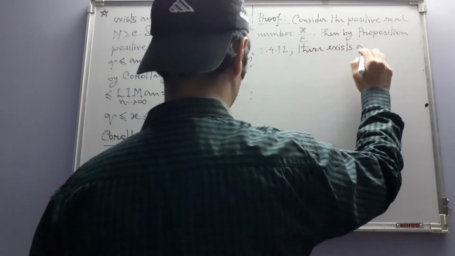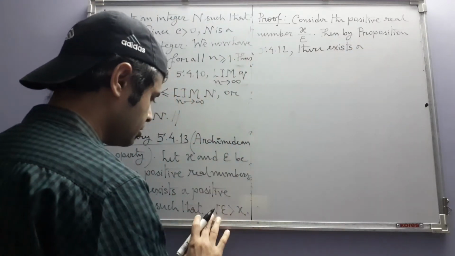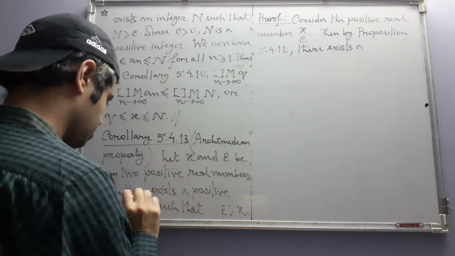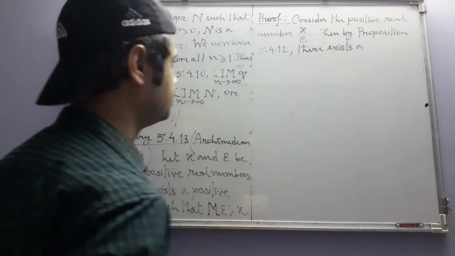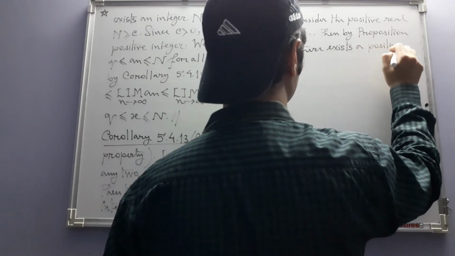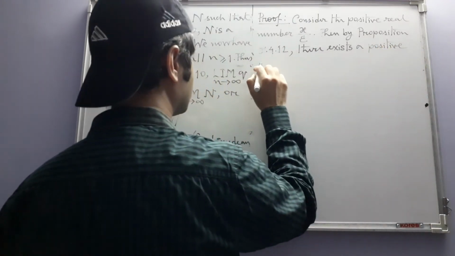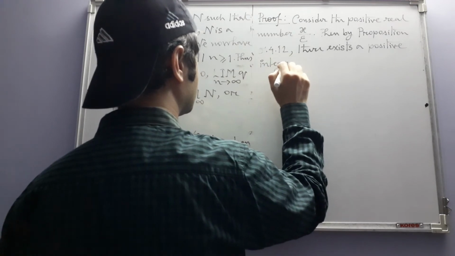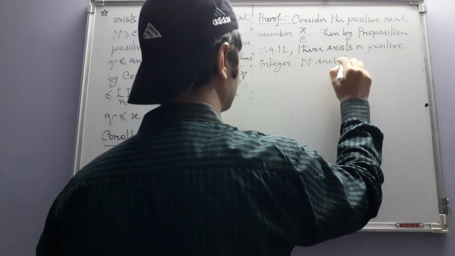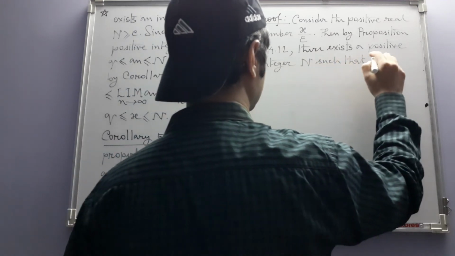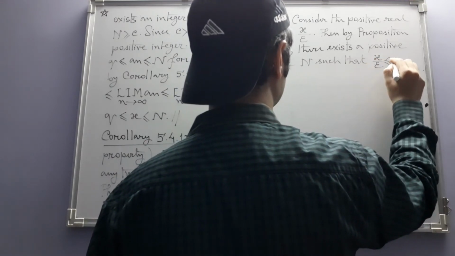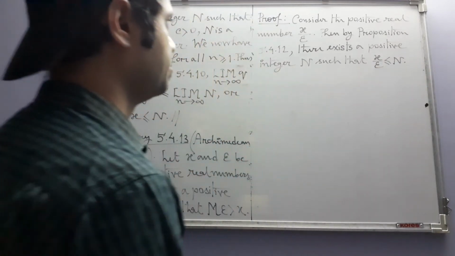There exists, I think in the original statement we have m here. There exists a positive integer n such that x divided by epsilon is less than or equal to n.